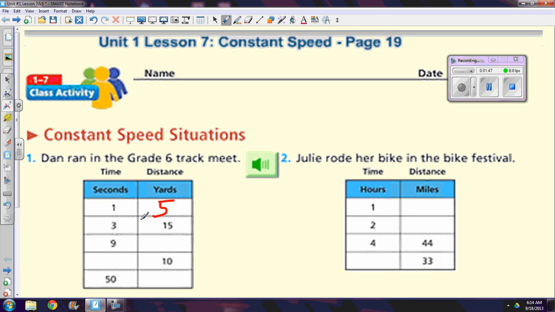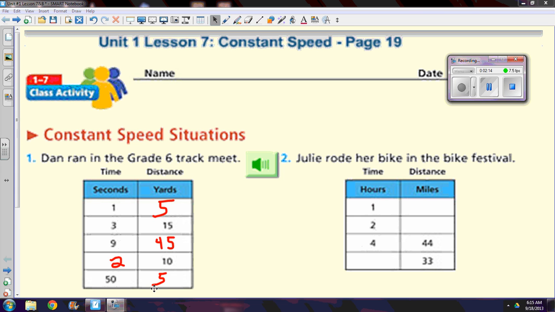Now, knowing that, if you had 9 seconds, 9 times 5 would be 45. If you had 10 yards, divided by 5 yards, that would be 2 seconds. And if you had 50 seconds times the 5, that would be 250, not 50.